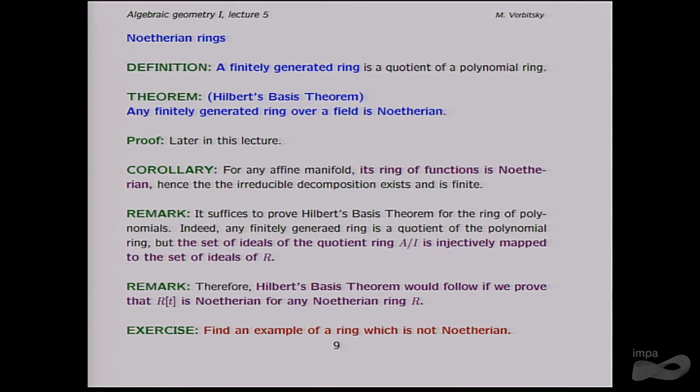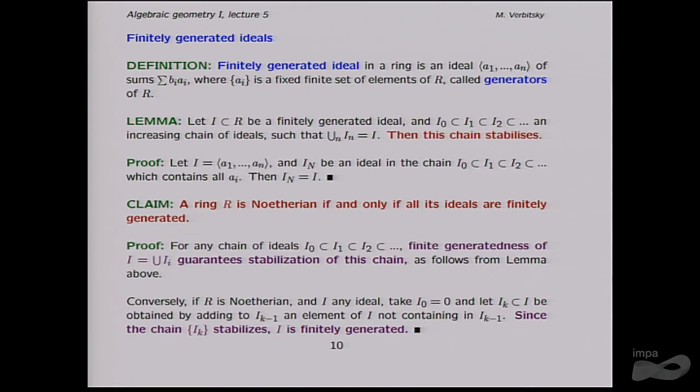But sorry, I'm wrong. Germs are Noetherian, but analytic functions on a disk are not. You can take the ring of analytic functions on any complex domain, like a disk or C, and you can easily see that it is not Noetherian. This is a good exercise for you.